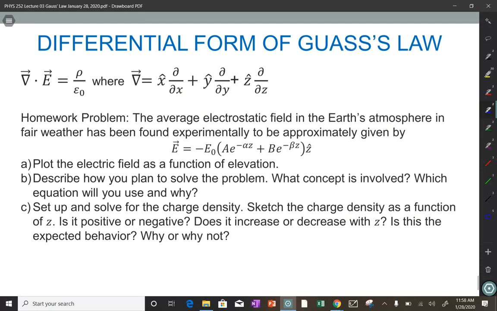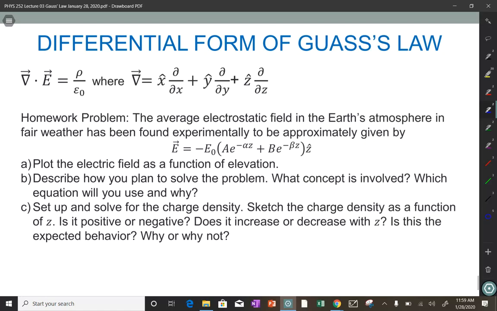You can see a fair similarity between that and the integral form. If I integrated both sides, the left side already has a derivative in it, because the gradient is a derivative. That's going to give me something that has to do with electric field.